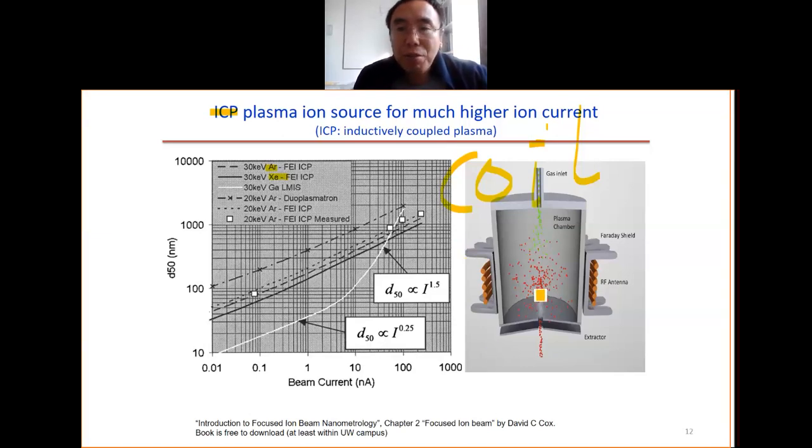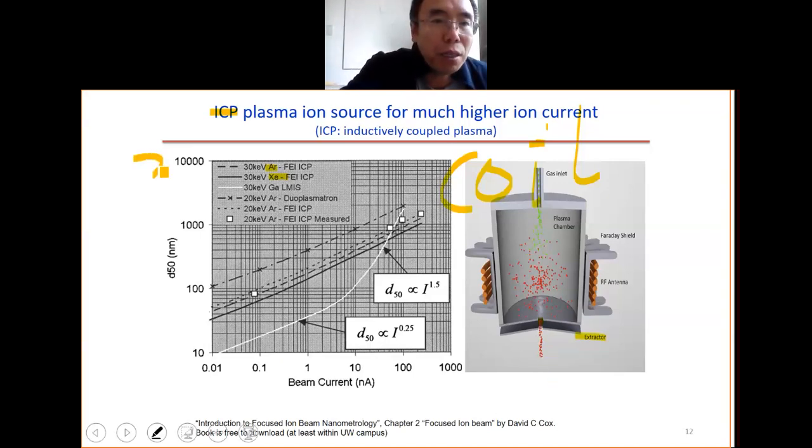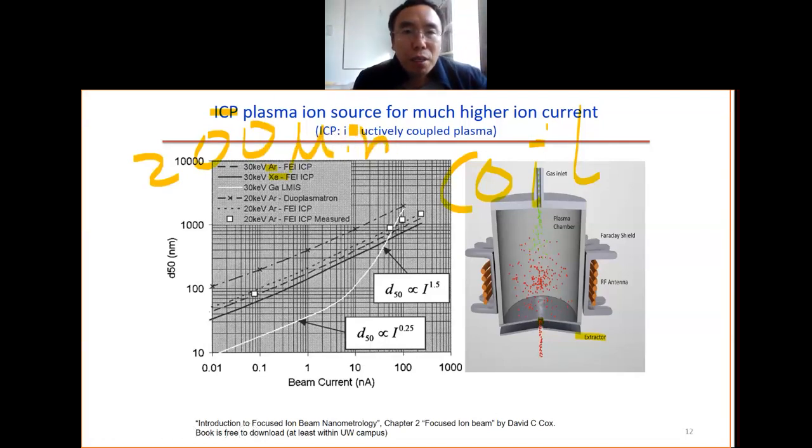When we have the plasma, there will be a lot of ions. Then the ions will be extracted from here. This is the extractor, and the diameter here is 200 micrometer. That does not look like a small number, but the virtual beam size is not that big. The virtual beam size is about 10 micrometer.